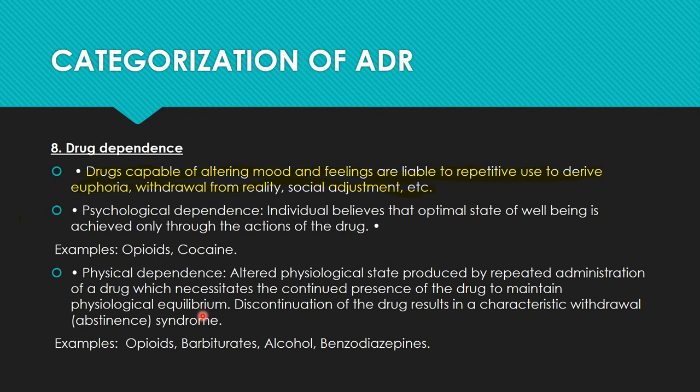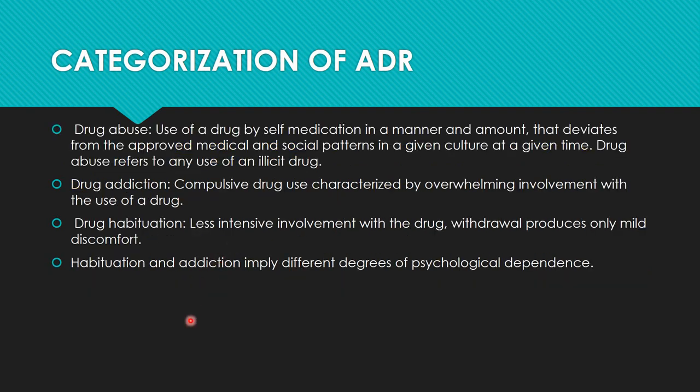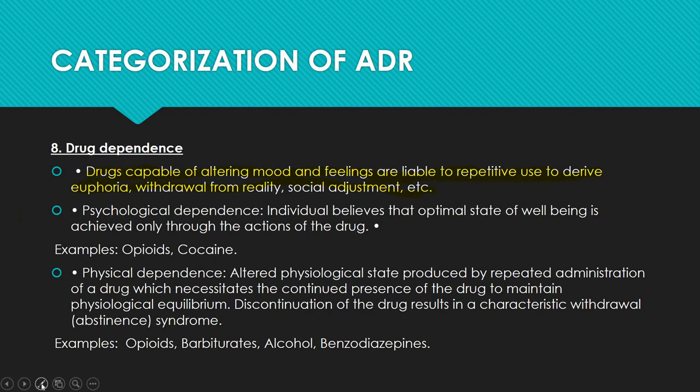So what is drug dependence? What are the various types of drug dependence? Psychological dependence and physical dependence. Now with this same point, drug dependence, another point is drug abuse. So previously we covered, let me highlight the points so that you can understand. First is psychological dependence.